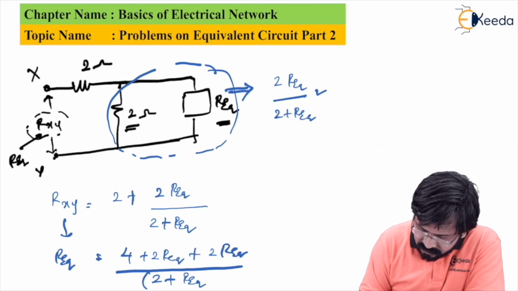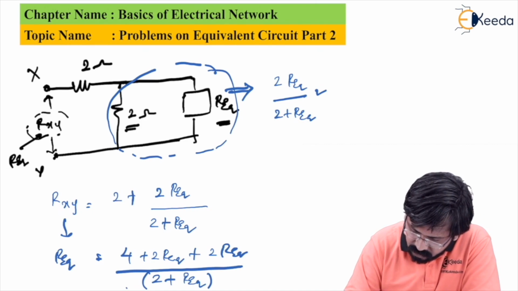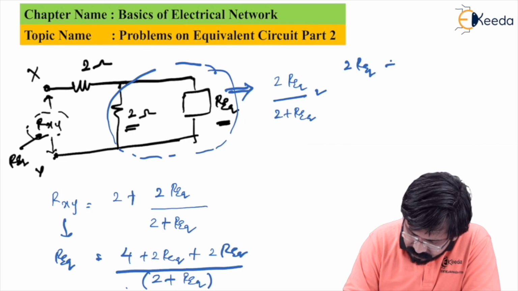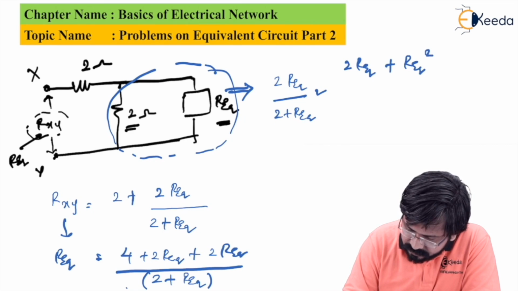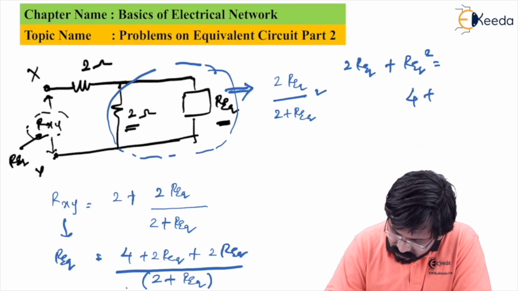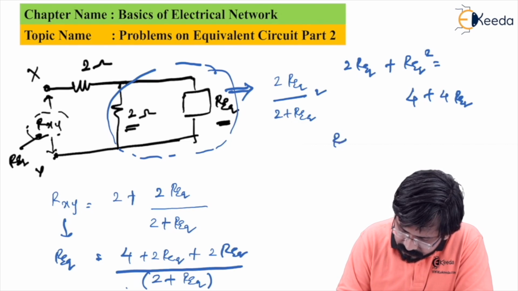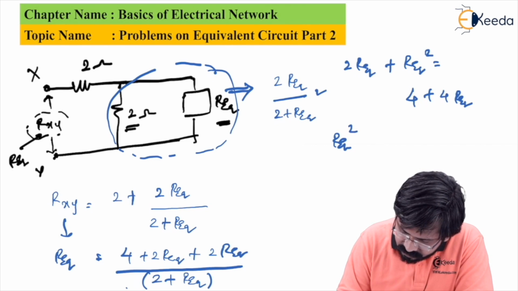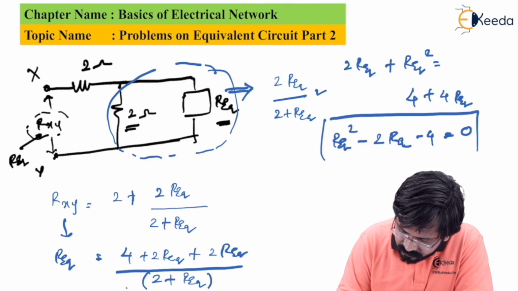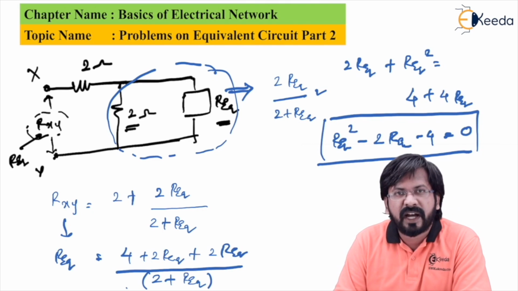Furthermore, shifting this term to the left hand side, what do we get? 2 times R equivalent plus R equivalent square, which is equal to 4 plus 4 R equivalent. So solving this equation, what do we get? It is R equivalent square minus 2 R equivalent minus 4 equal to 0. So as we can see, to find R equivalent, we need to solve this quadratic equation.